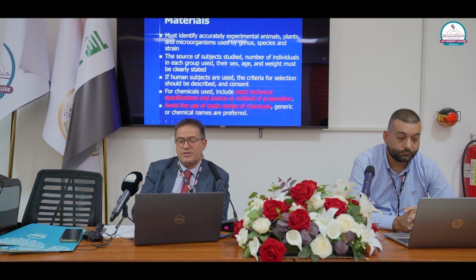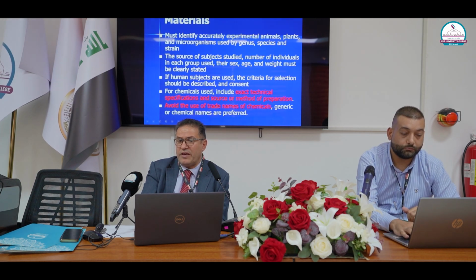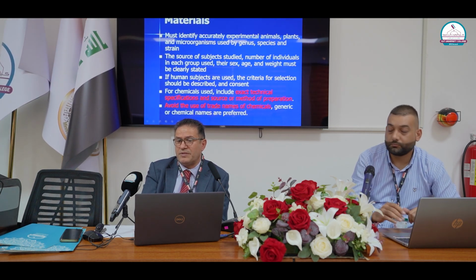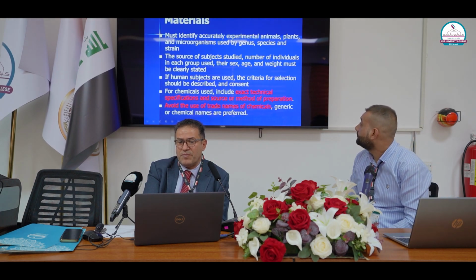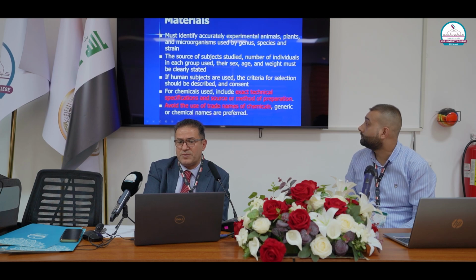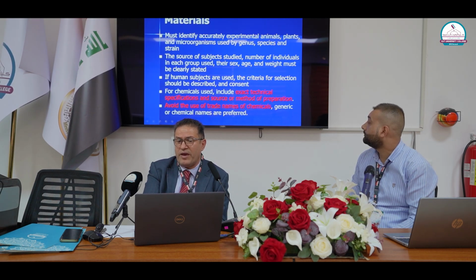Now, the materials must identify accurately the experimental animals, plants, and microorganisms used by genus, species, and strain. For any materials, the source of subjects studied, number of individuals in each group, and their sex, age, and weight must be clearly stated.